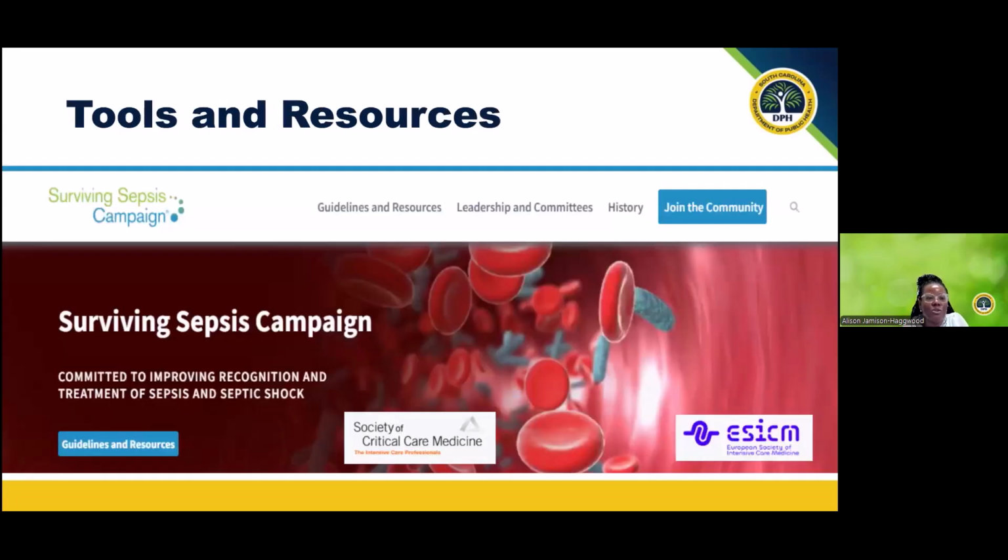And then an additional tool and resource is the Surviving Sepsis campaign. And this is an international campaign. It's a joint initiative with the Society of Critical Care Medicine and the European Society of Intensive Care Medicine. And it's led by multidisciplinary international experts, and they're committed to reducing mortality and morbidity from sepsis and septic shock.